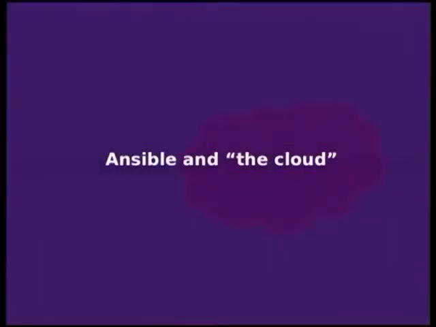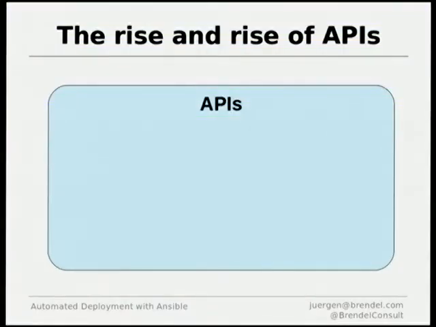Now we take Ansible a step further, and we will make it interact with infrastructure as a service. But before we get there, we have to acknowledge that a lot of what we've seen has become possible because for a couple of years now we've had this trend in our industry where everything gets APIs. That's incredibly useful.